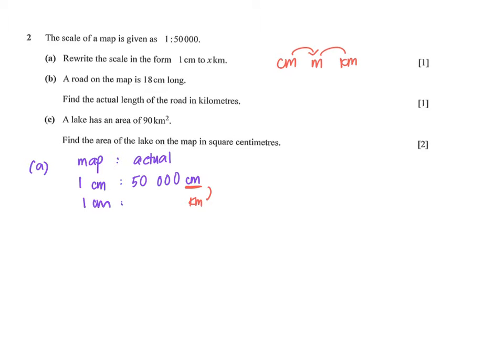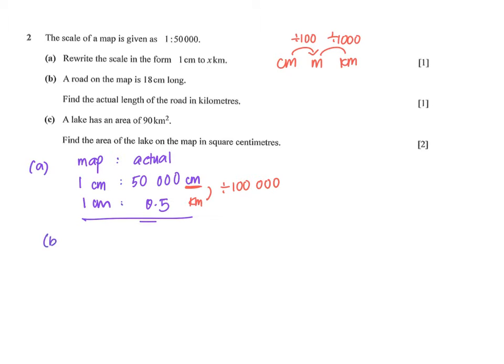So to change from cm to meter, we divide by 100. And 1 meter to 1 kilometer, we divide by 1000. So in this case, we'll divide by 100,000 to give us the answer in kilometers. And that will give us the answer of 0.5 kilometers. So rewrite the scale. This is the new scale.